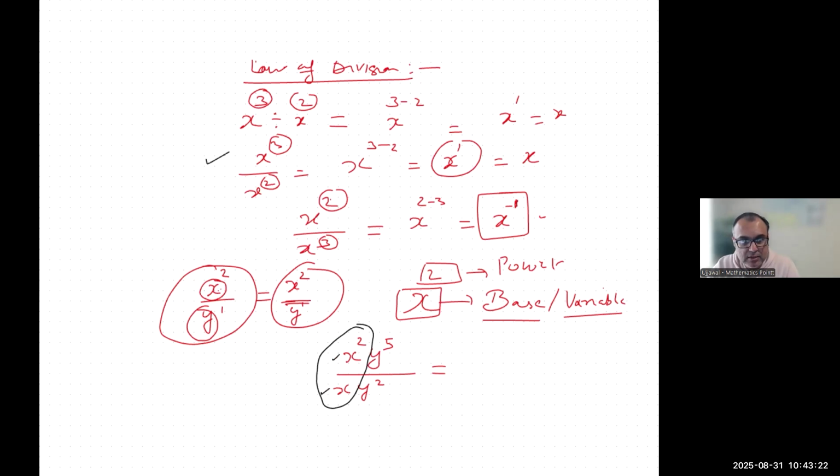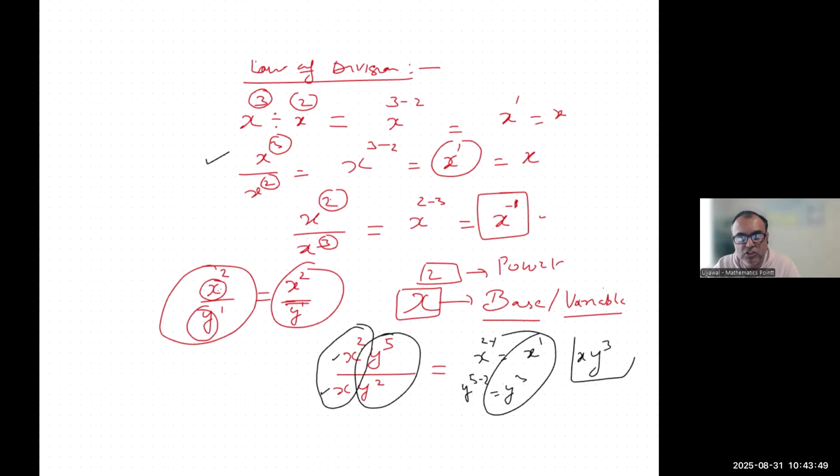So x, since they're dividing, the powers subtract. 2 take away 1, which is 1. And I'll deal with the y's separately. 5 take away 2, which is y cubed. And then I just combine them. x y cubed, or x raised to the power 1, y cubed.